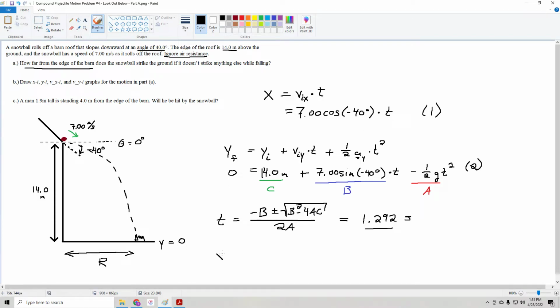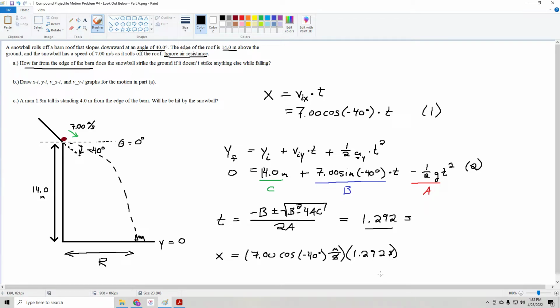Well, we get x is equal to 7.00 cosine of negative 40 degrees, and that is meters per second. I'll actually write the units this time. And we're multiplying this by 1.292 seconds.